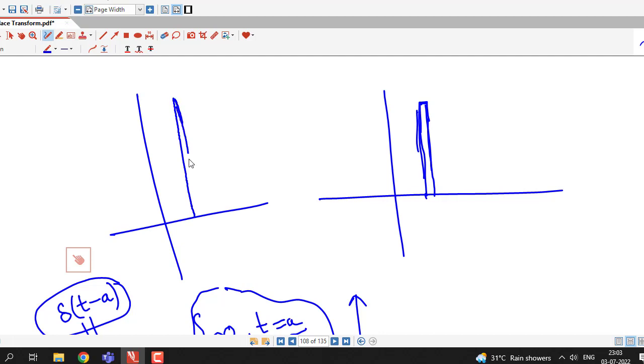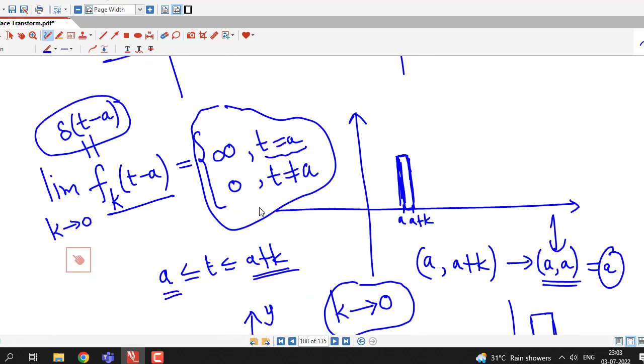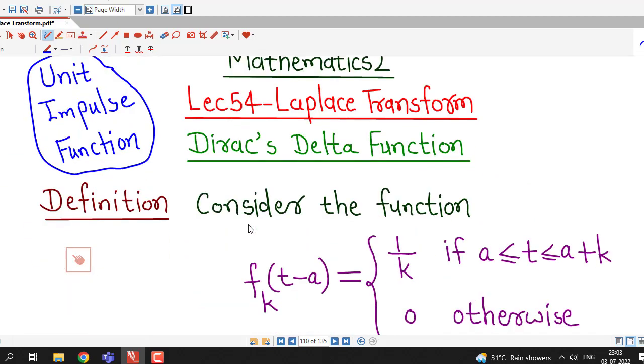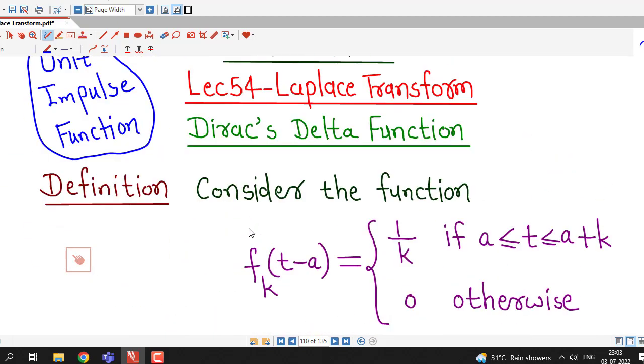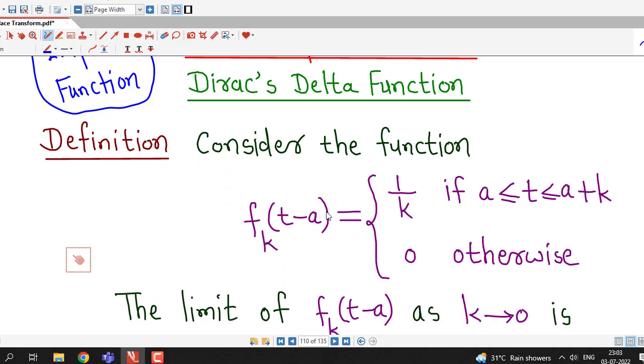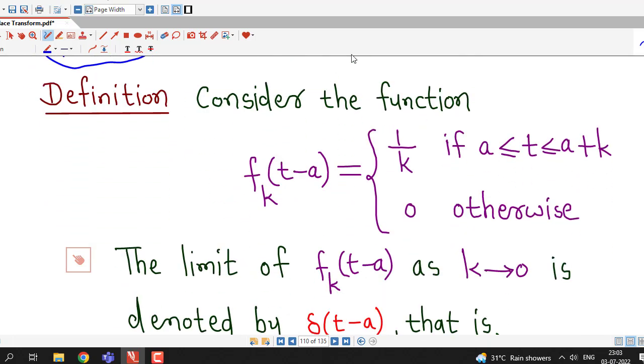Sometimes we will have a very short impulse and it is 0 outside this interval. This is the way Dirac delta function is defined, and I have written this systematically. Suppose they ask you to write down the definition of Dirac delta function or unit impulse function, you can write it in this way.